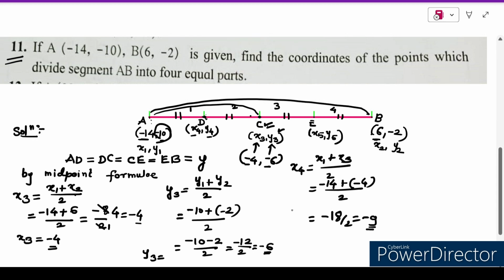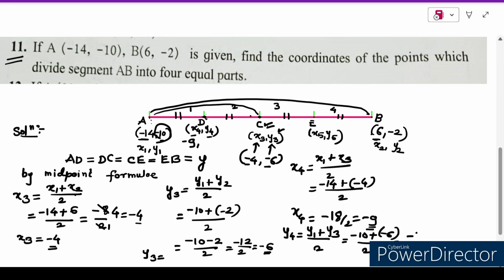Therefore this is x4, the x coordinate of point D, which is minus 9. Similarly, we can find the value of y4. y4 is calculated as y1 plus y3 divided by 2. y1 is minus 10, plus the value of y3, which is minus 6, divided by 2.